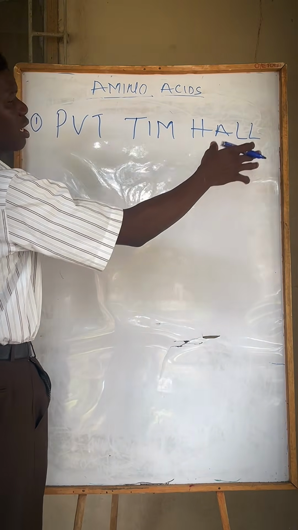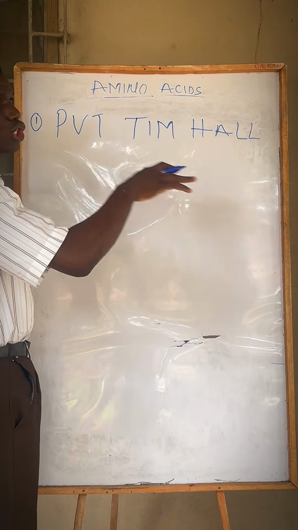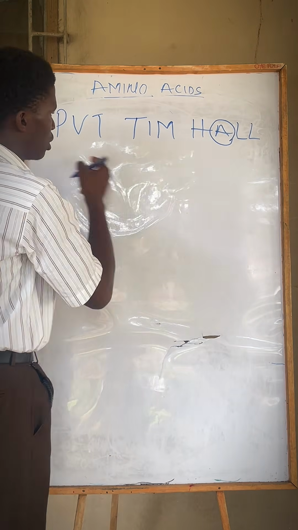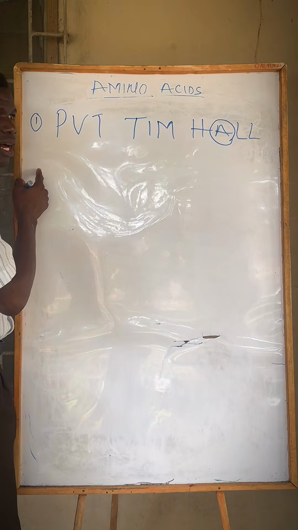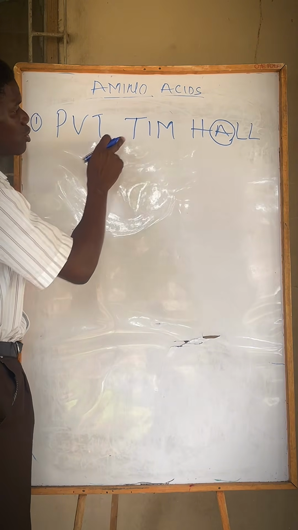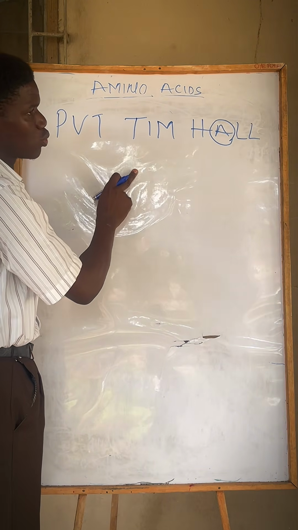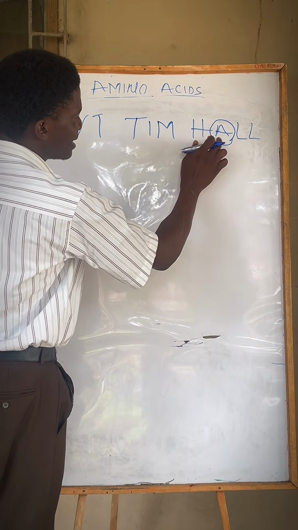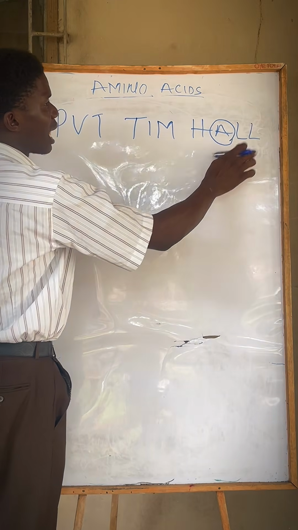We have 10 essential amino acids in children, but in adults arginine is not there anymore. The P is for phenylalanine, valine, tryptophan, threonine, isoleucine, methionine, histidine, arginine, leucine and lysine.